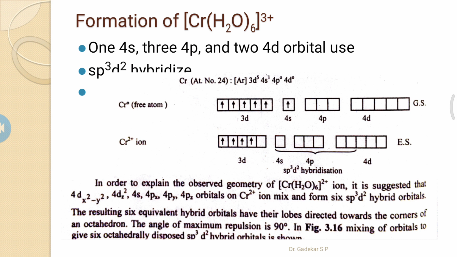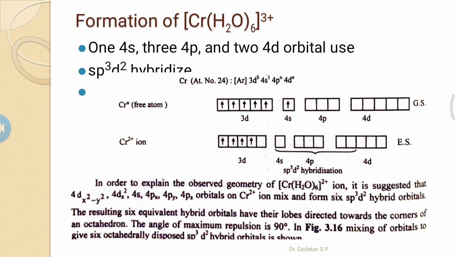Okay, so here chromium, what is the atomic number of chromium? 24. And what is the electronic configuration of chromium, the outer shell electronic configuration? 3d5 4s1 4p0 and 4d0.